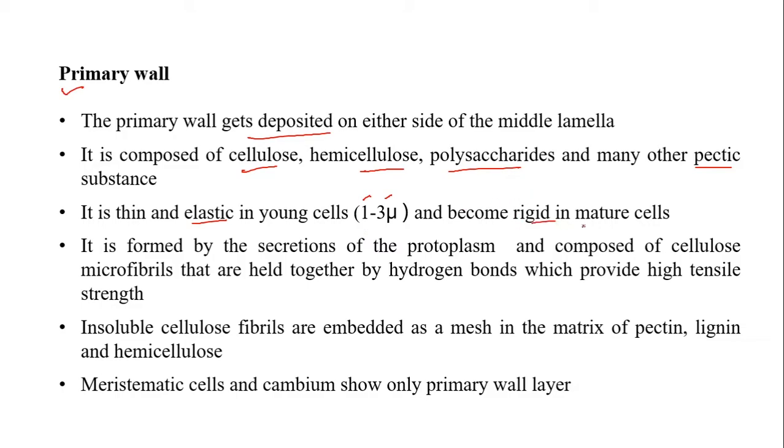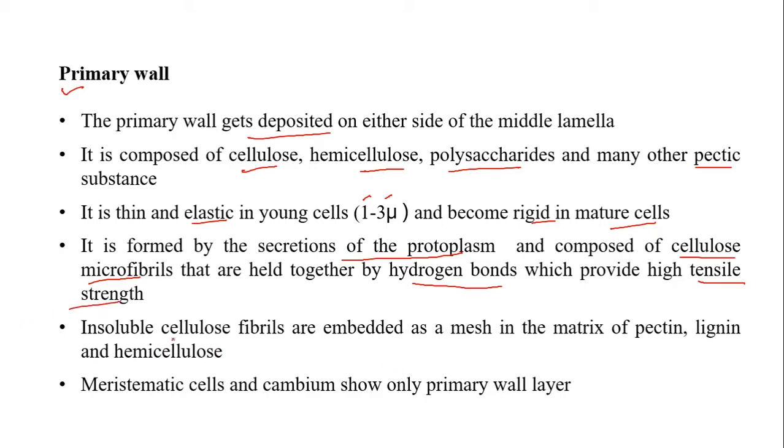It becomes rigid when it matures. It is formed by the secretion of the protoplasm and is composed of cellulose microfibrils. These cellulose microfibrils are held together by hydrogen bonds and they provide the tensile strength to the wall.